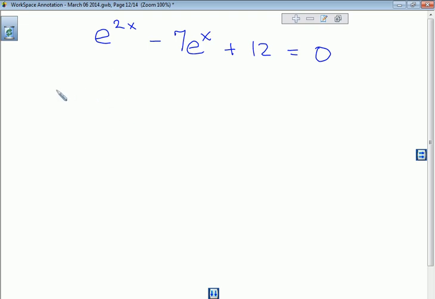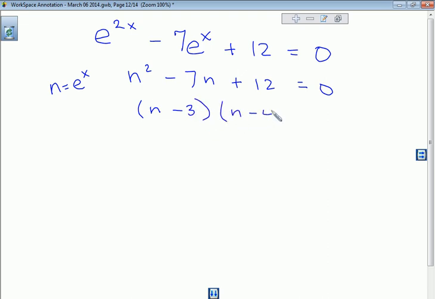So if we let n represent e to the x, wouldn't this just be n squared minus 7n plus 12? Yes, it would. So do you see how this is actually in a quadratic form? And this would factor to n minus 3, n minus 4.